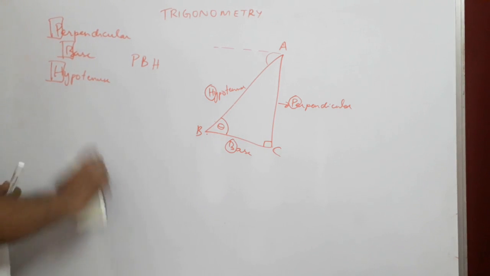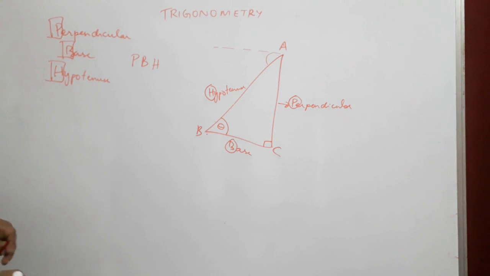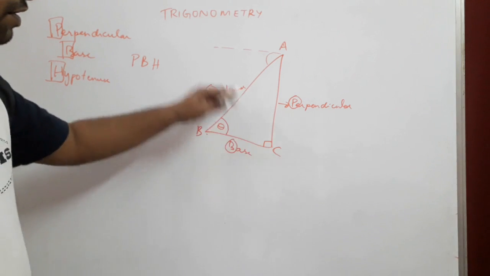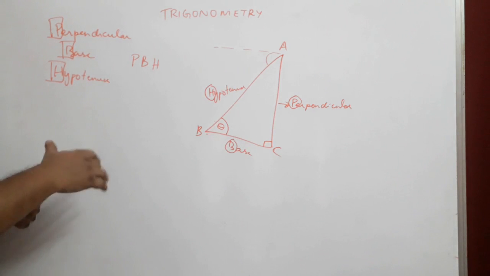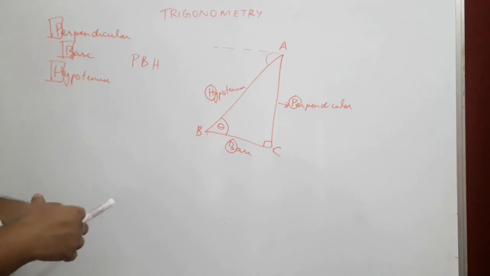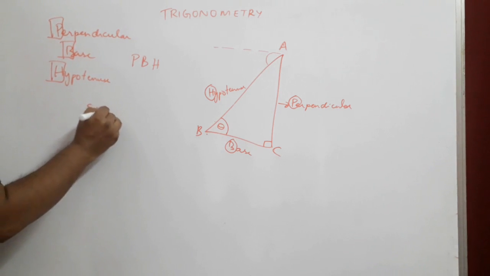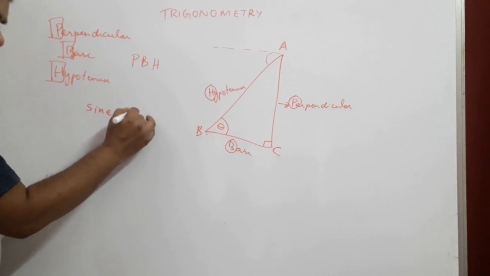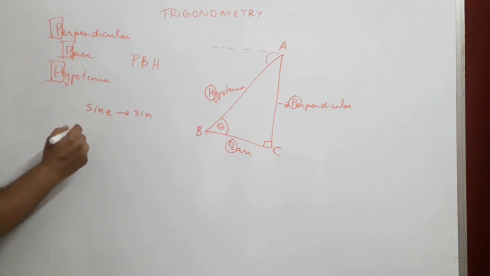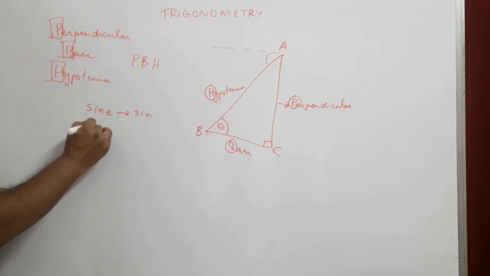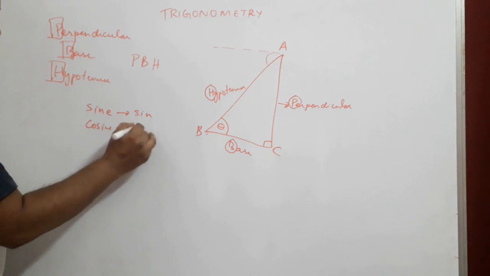So now we have certain ratios. We look to represent the sides in a triangle in particular ratios, and there are certain names given to them. For example, you have sine, which in short form we just say sin, or cosine, which we call cos.